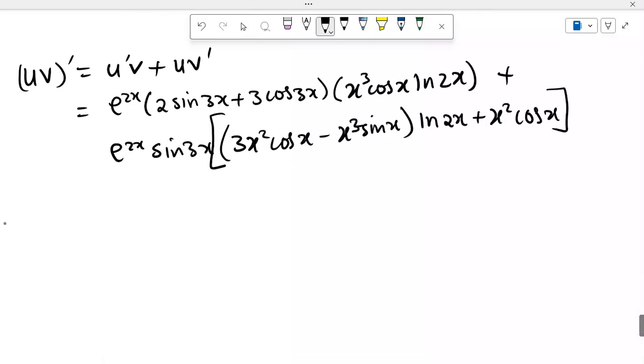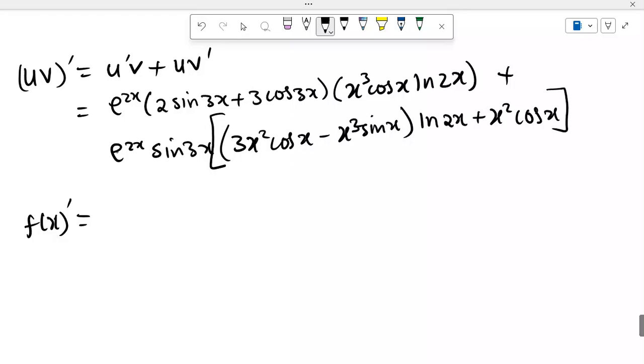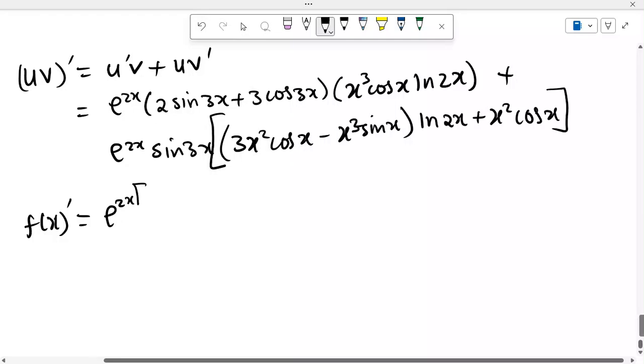So we write now f of x prime equal to, so we can keep this outside, it's common to both functions, so e to the power 2x.